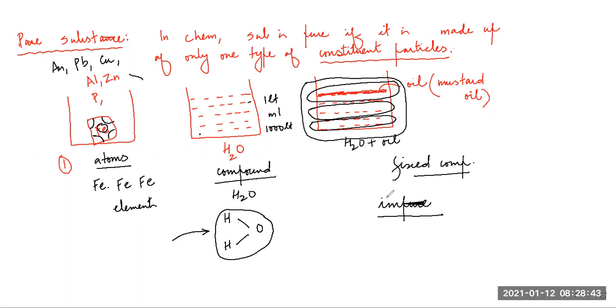Now let's go further. We have matter. If we see matter on the basis of physical characteristics, the matter may be classified as solid, liquid, gas, plasma.